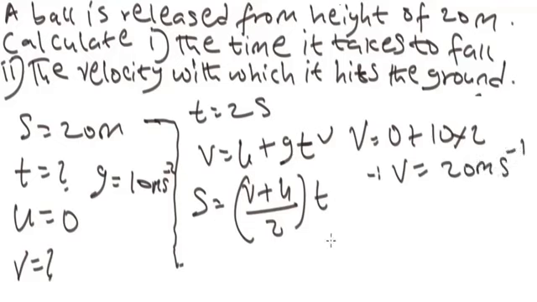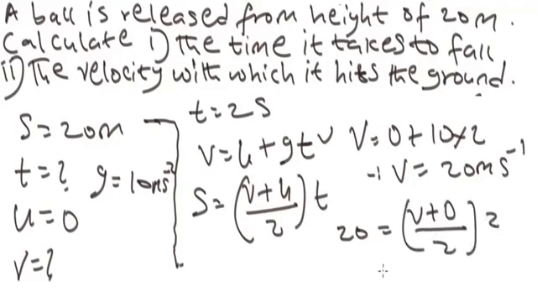If you use the other one, our x is 20 equals v, which is unknown, plus u, which is 0, over 2, times the time, which is 2. Simplifying, 20 equals (2v plus 2 times 0) over 2, and multiplying out, we have 40 equals 2v.